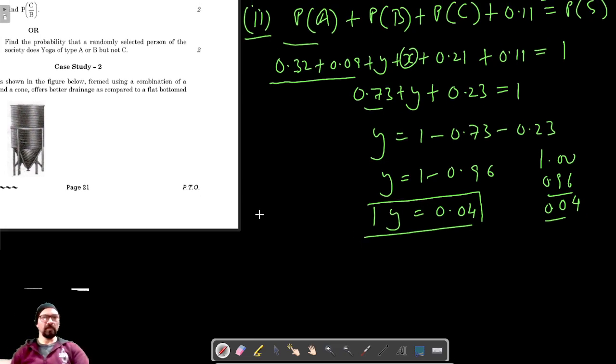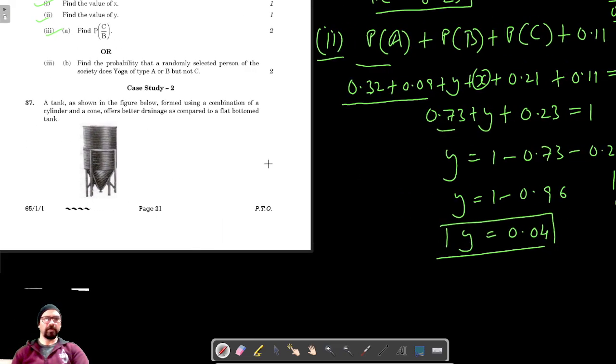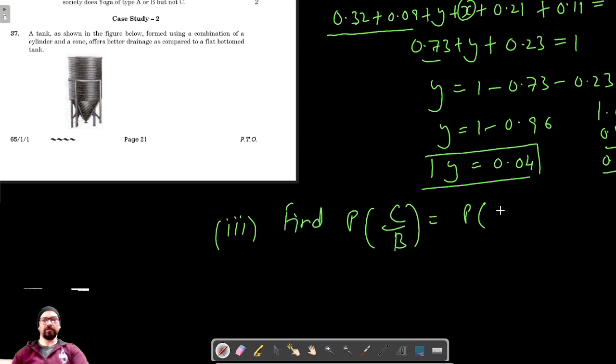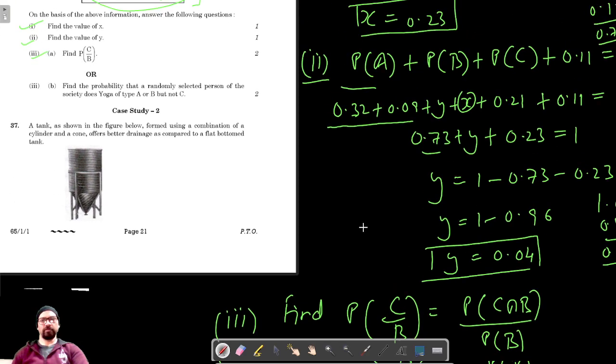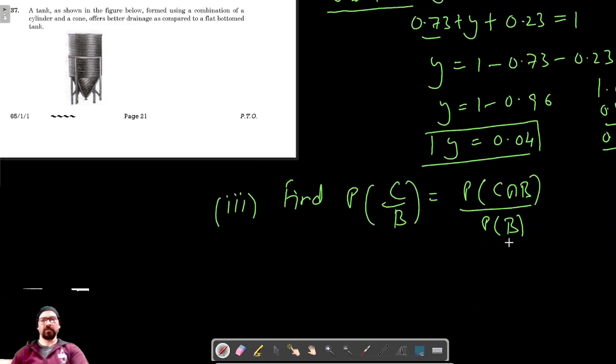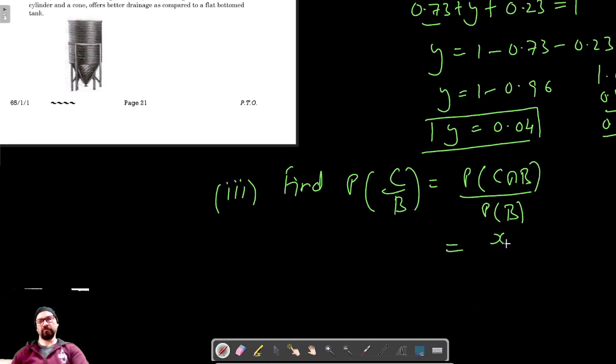Moving on to the third part, we have to find the probability of C given B, which is the probability of C intersection B over the probability of B. Just look at the Venn diagram, it will be easy to find this. The C intersection B is x. So instead of the probability of C intersection B, we can write x, and we know the value of x.